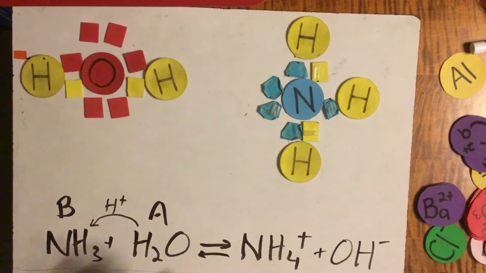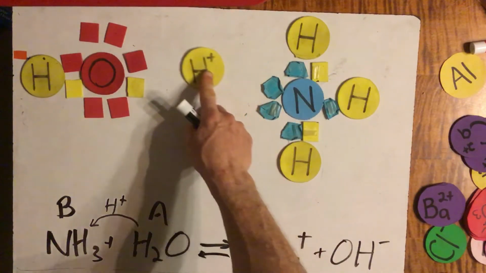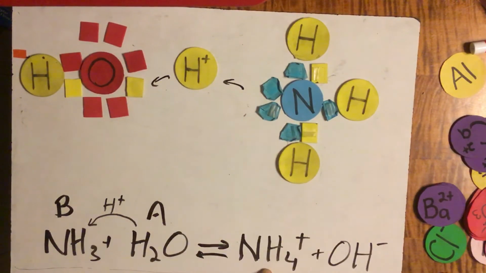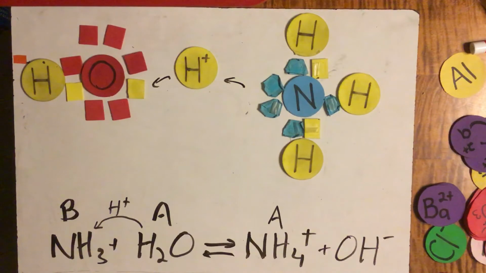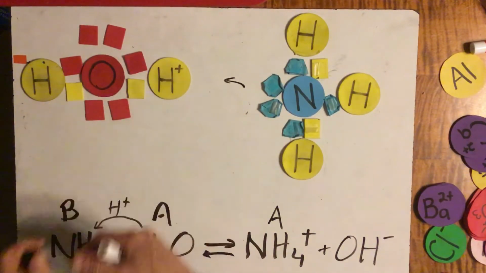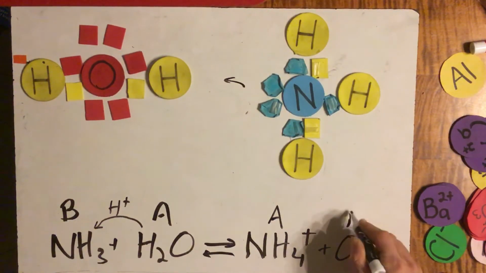Okay? What's very important, though, about this reverse reaction, if we play it again, ammonium is clearly giving up a proton. Again, here's the proton being passed over here. And whatever passes the proton is an acid. So ammonium is some form of an acid. Right? And then hydroxide gains that hydrogen. Okay, it turns into water here. So hydroxide is a base.